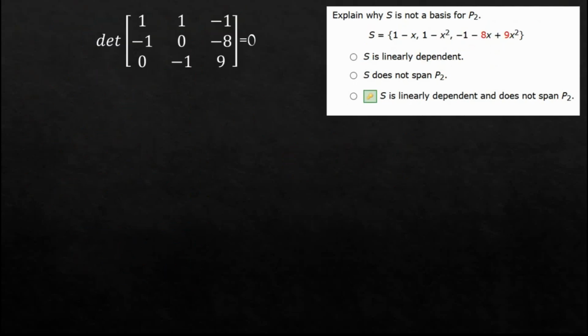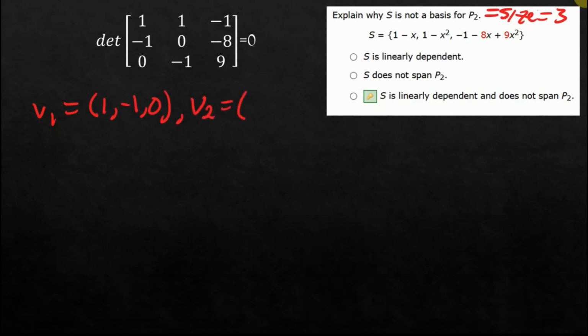Okay, for this one, again, we're in this P2, so that means that the size is 3. How many vectors do we have? 1, 2, we got 3 of them. So look at V sub 1, it is 1 comma negative 1 comma 0.